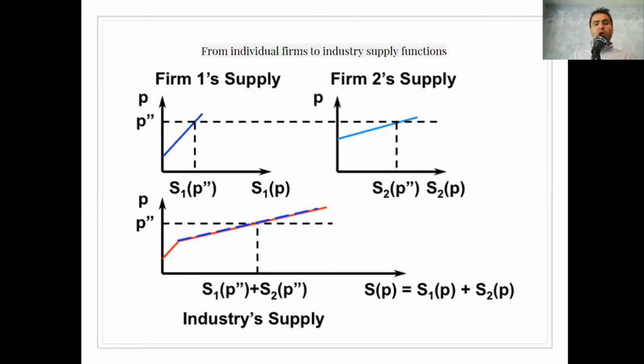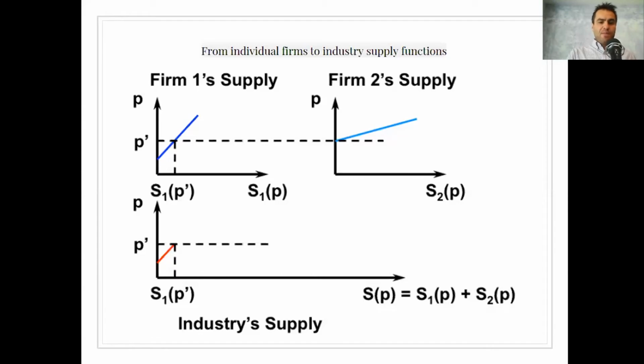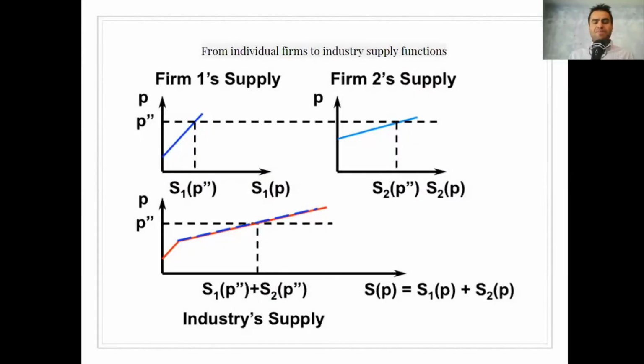So the moment you reach a higher price, in the price segment between P prime and P double prime, now not only firm 1 can supply their units, but firm 2 also decides to participate, because now they're breaking even, or at least earning some profits, so they are willing to produce at this price segment, which translates to an addition of these units.